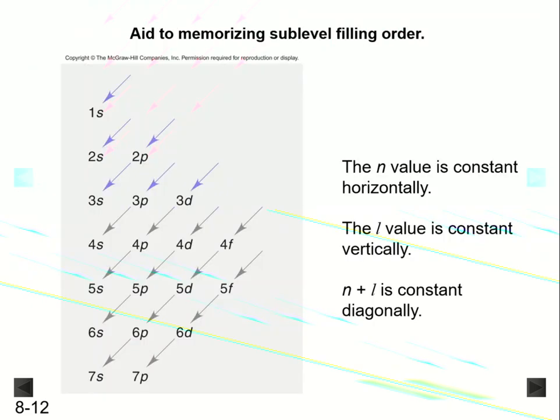Now, this is a common aid to memorize the subfilling level. You're not going to need to memorize the subfilling level since this is an online course. You'll have access to your text. And so in in-class courses up till this last semester, we always required students to memorize the filling level so that they could handle things all the way up to, for example, element lead.